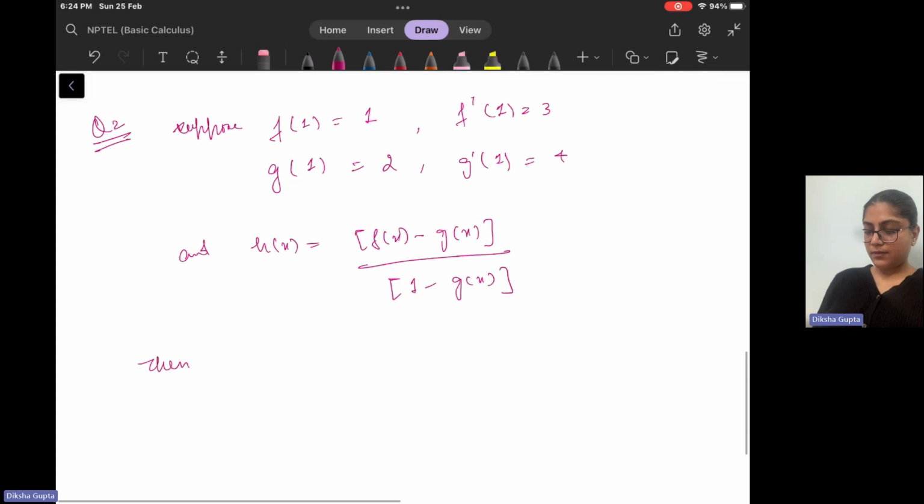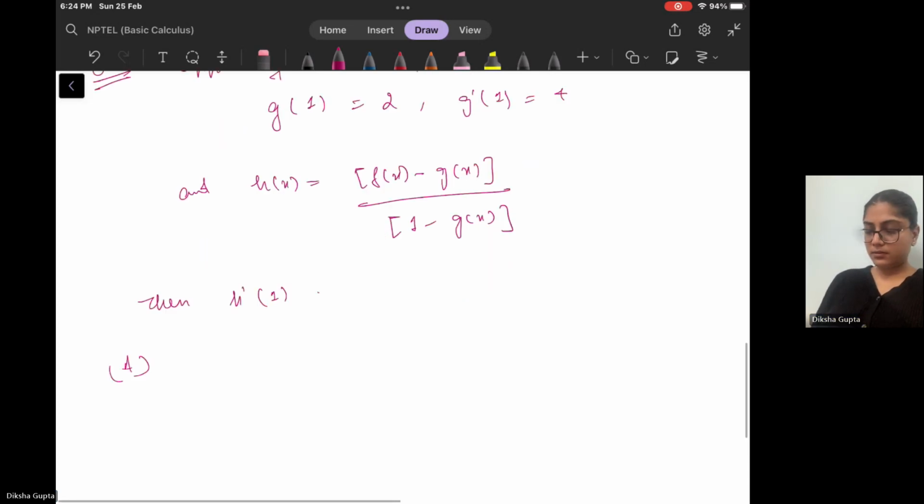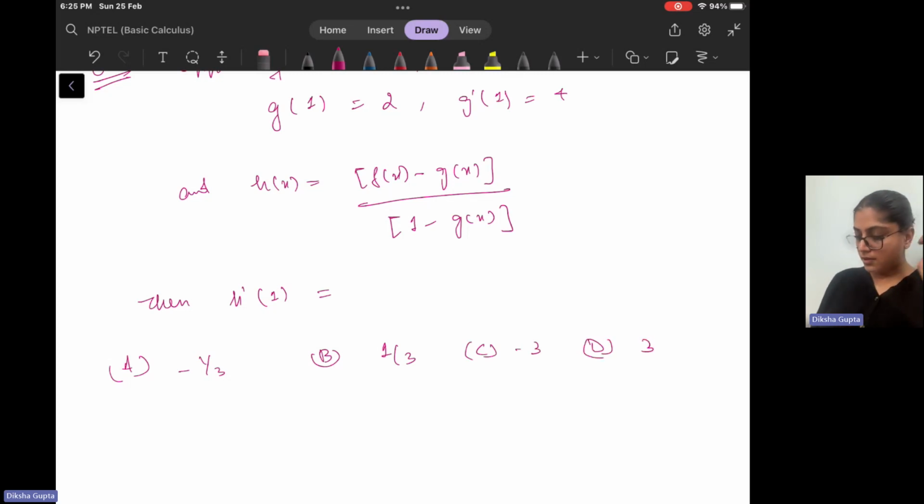Then you have to find the value of the derivative of the function h at the point 1. And your options are: A, minus 1 by 3; B, 1 by 3; C, minus 3; and D is of course 3.